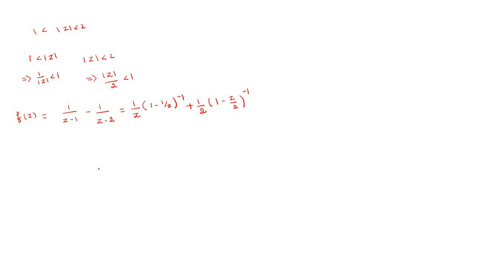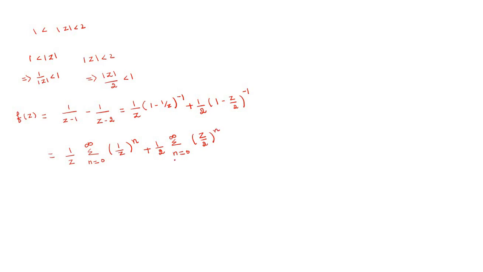So once again we expand this expression: 1 plus 1 by z plus 1 by z square etc. Which we may write as 1 by z into summation n equal to 0 to infinity (1 divided by z) whole to the power n, and the second one 1 divided by 2 into summation n equal to 0 to infinity (z by 2) whole to the power n.